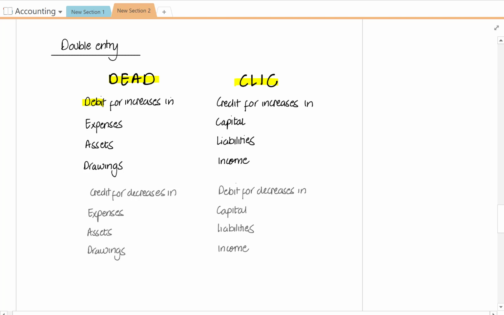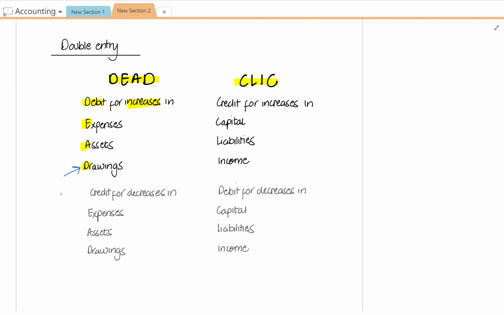Okay, and that is an accounting term that we use whenever we are thinking about increases in expenses, assets, and drawings. Okay, remember expenses and assets are elements that we've spoken about in an earlier video. Drawings I've separated out here because drawings are an example of a reduction to capital. If you think back to the capital equation, drawings, amounts withdrawn by the owner, are deducted from capital.